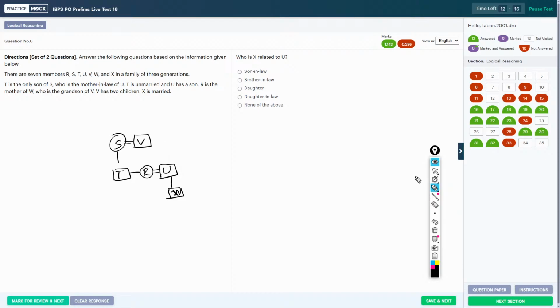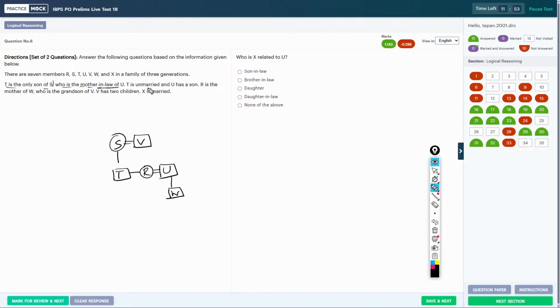Now, where can I put X? Can I even put X? There is nothing related to X, right? U has a son. T is the only son of S. Who is mother-in-law of U?